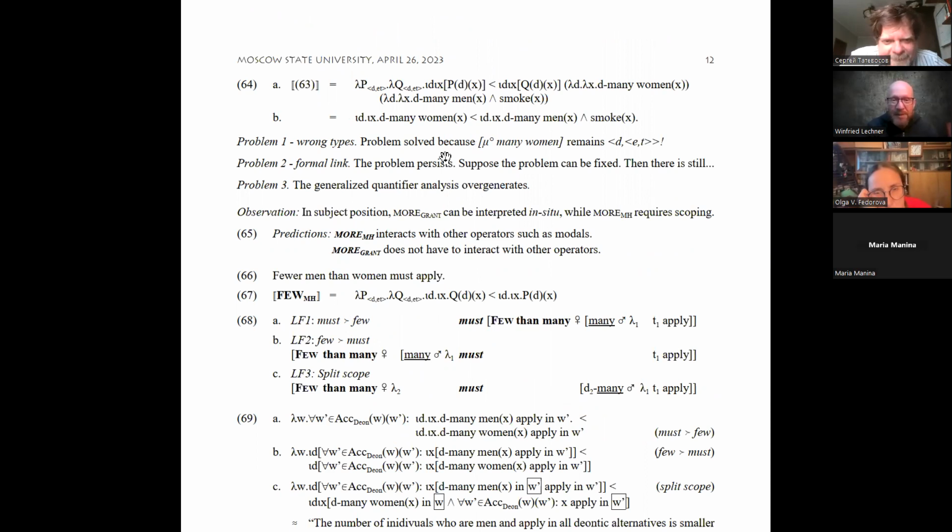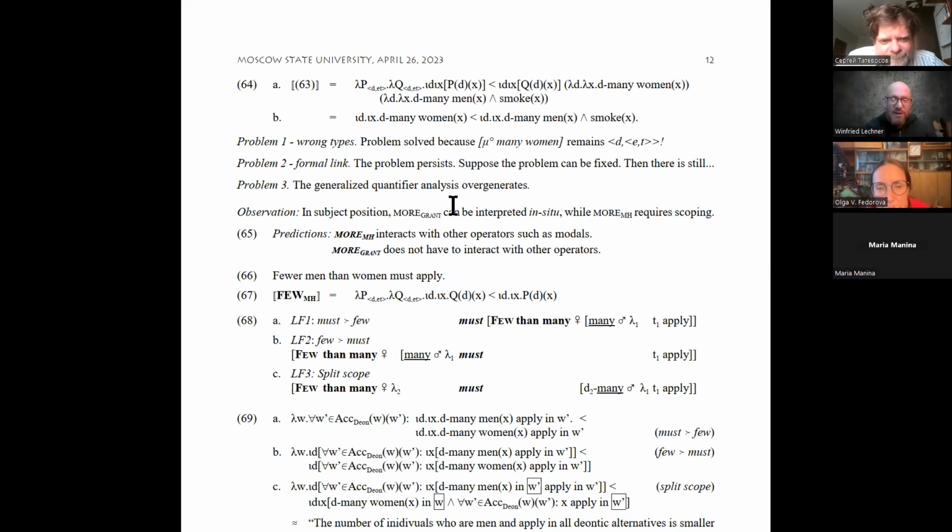The second problem was the formal link problem. Well, the formal link problem, unfortunately, is not solved. It comes out, more men than women smoke, as in 64b. Here we compare the number of women to the men who smoke, and not the number of women who smoke to the number of men who smoke. So we gained nothing.